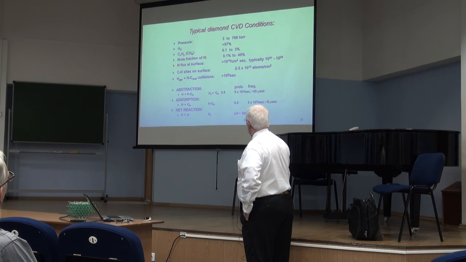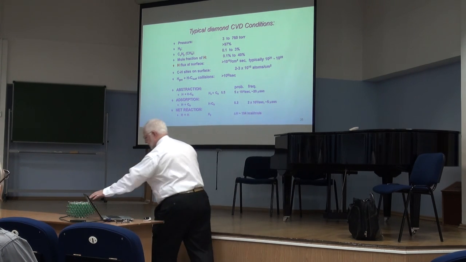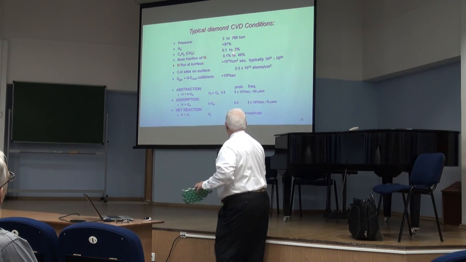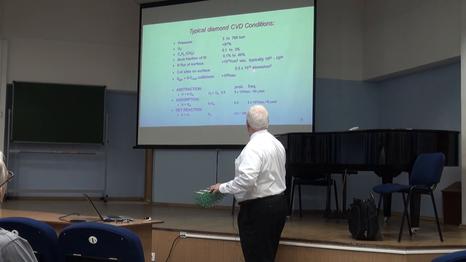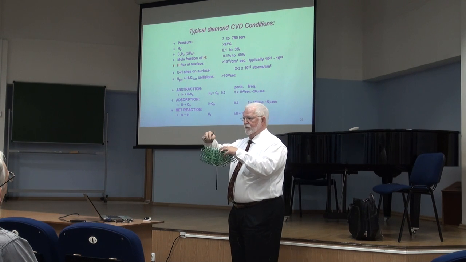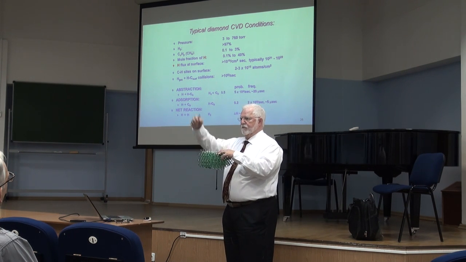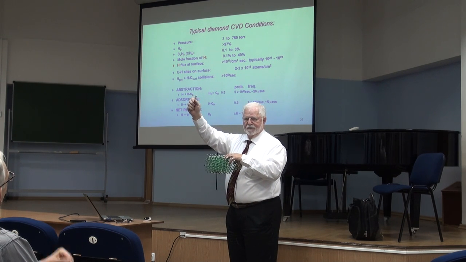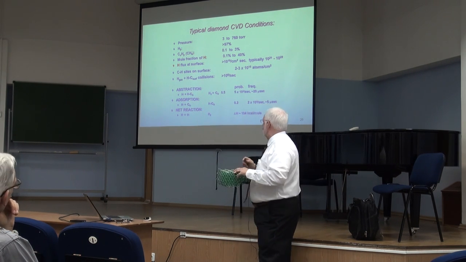If you were to count all the CH bonds on the surface, you find there's 2 to 3 times 10 to the 15th. You divide that into that, and what you see is that every CH bond on the surface sees an incoming atomic hydrogen every microsecond. It's really getting bombarded with atomic hydrogen.